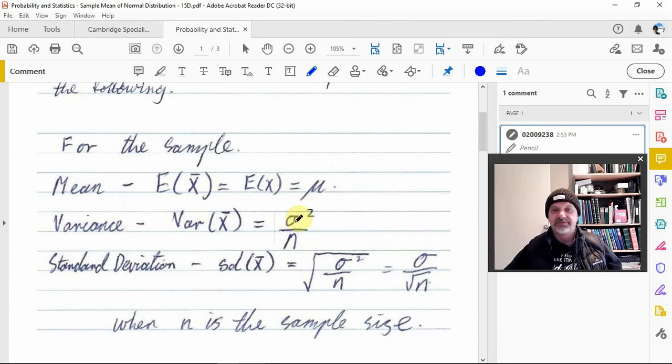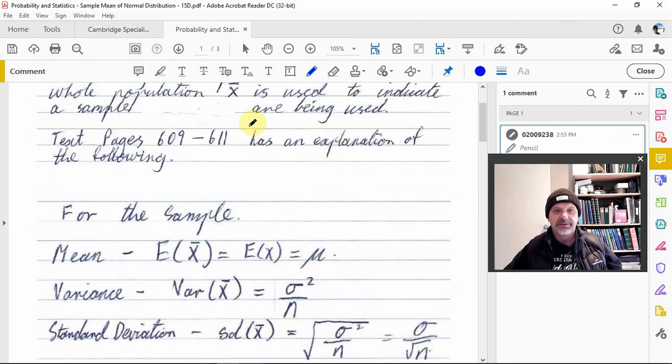So this standard deviation would be our population standard deviation, and then over n. And so the standard deviation of our sample then is the square root of that, which is just sigma over the square root of n. Alright, so as I said, there's a detailed explanation of that in your textbook on those pages if you are interested.